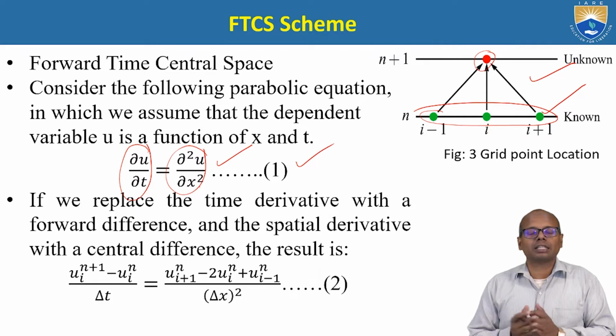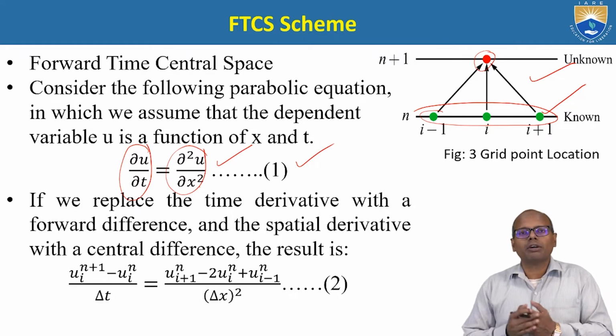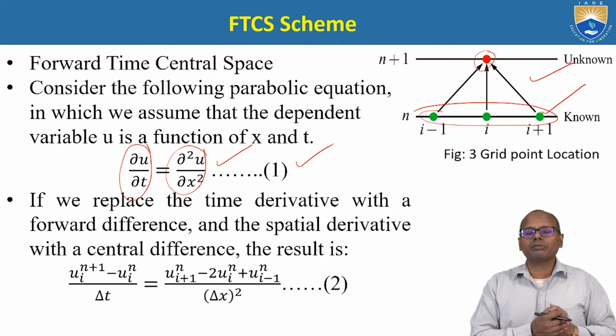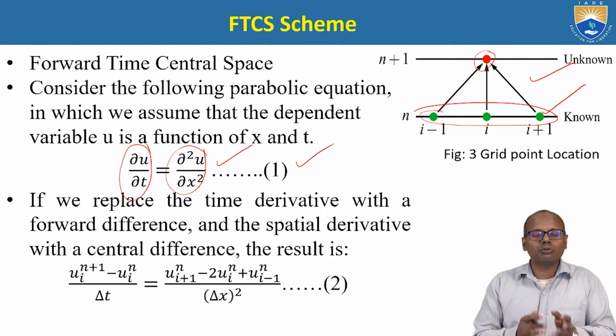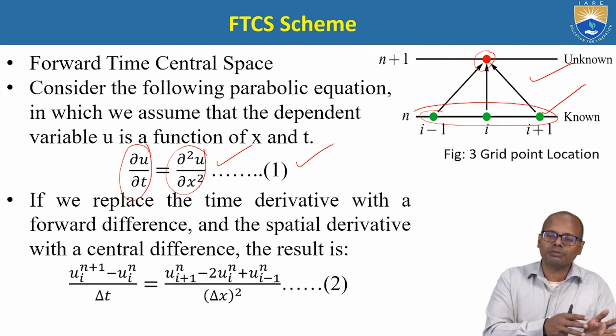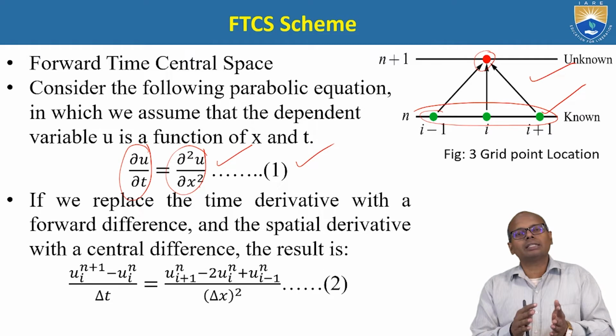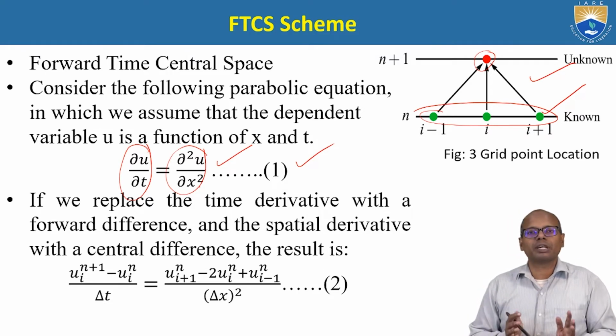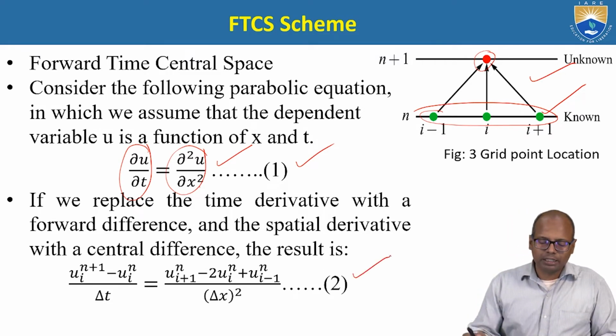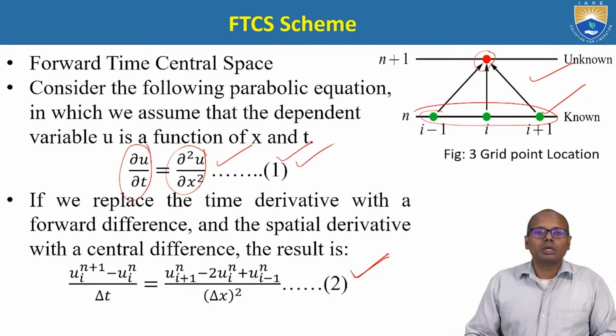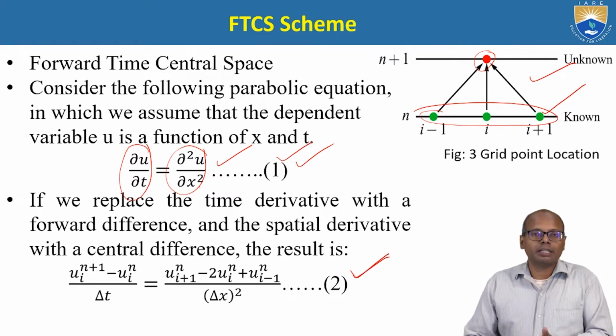In the previous section we have seen what forward difference, backward difference and central difference are. So here we are using two things: forward difference in time, and central difference in space. If I use that, the partial differential equation is transformed into this finite difference equation.